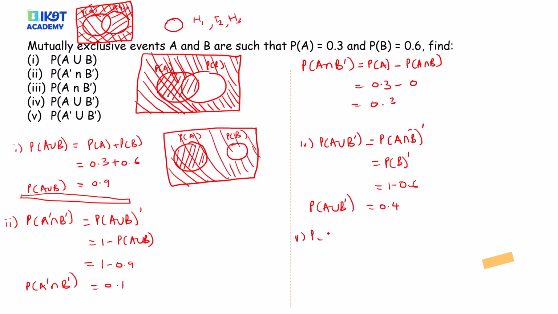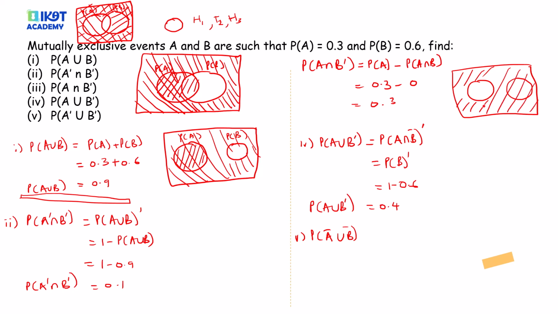Then I have probability of A complement union B complement. So here I told you the same thing, you just draw very fast: shade A complement, this is A complement, you shade B complement, this is B complement.